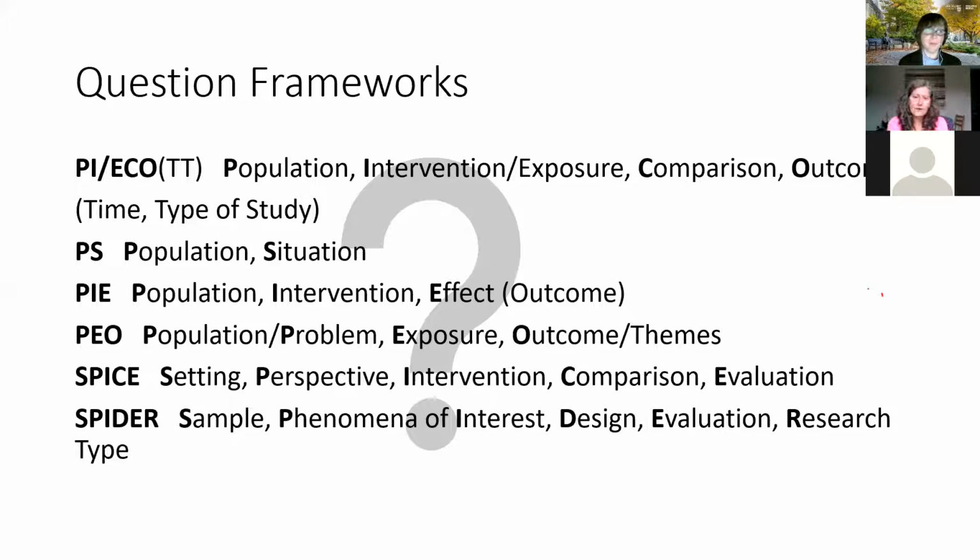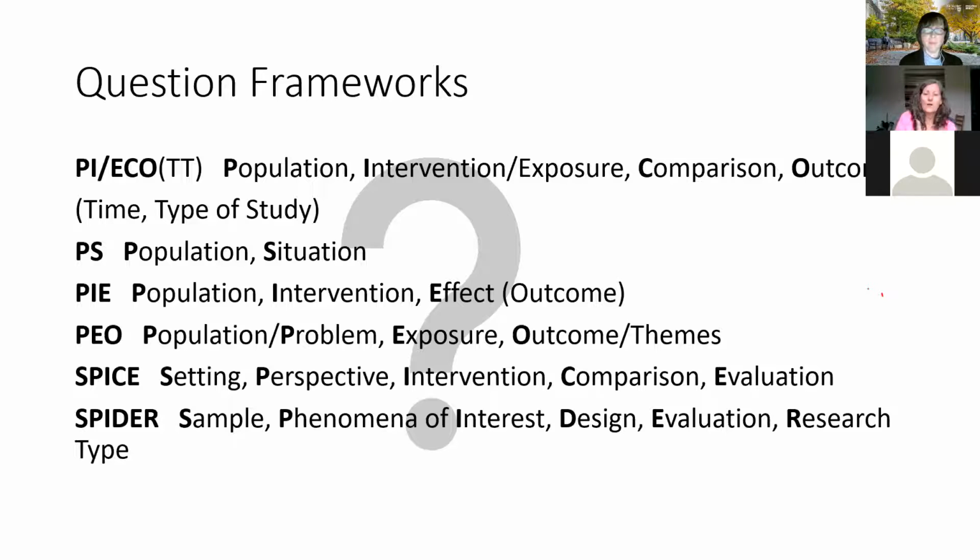Now, coming from health sciences, there are question frameworks, of which PICO is sort of the common one. But here are some more examples of how you can structure your question to apply to your systematic review.